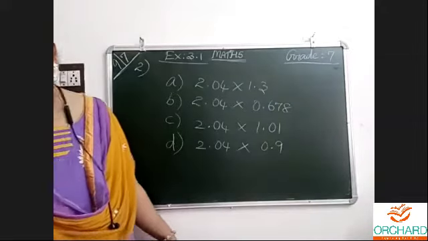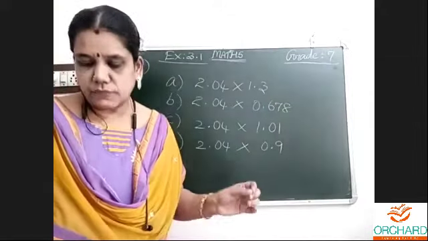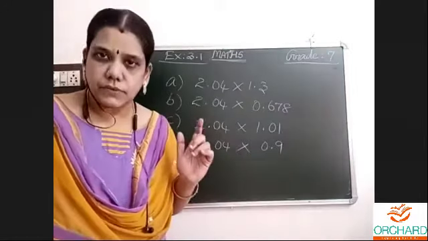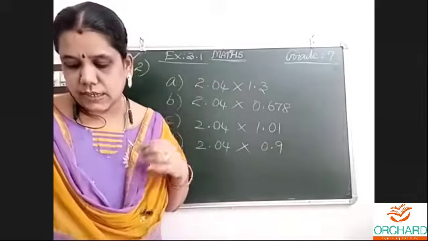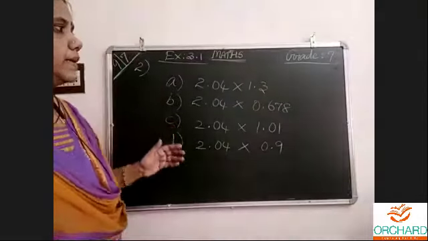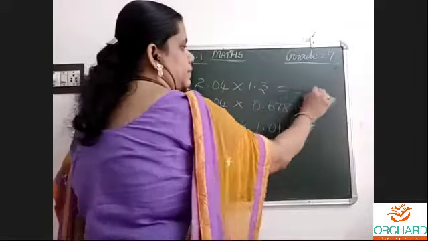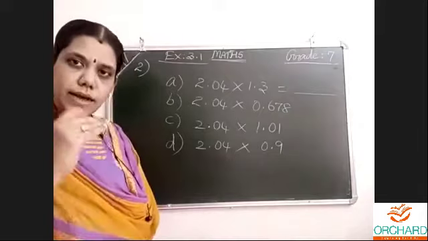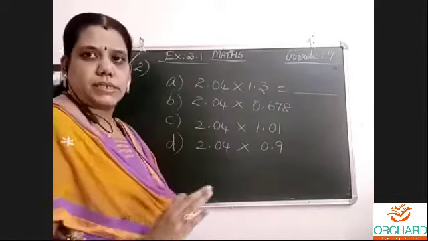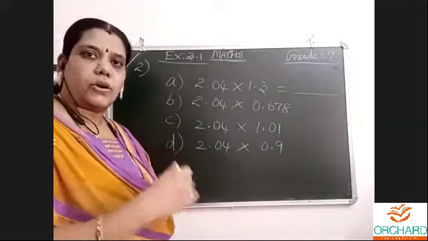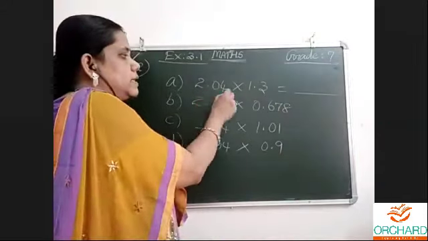Now the question is, determine which of the following multiplication expressions will give you a product which is larger than 2.04. Whenever we want the answer without multiplication, they don't want you to do anything. They are asking you the concept. The concept is how we will get a product which is more than this number.